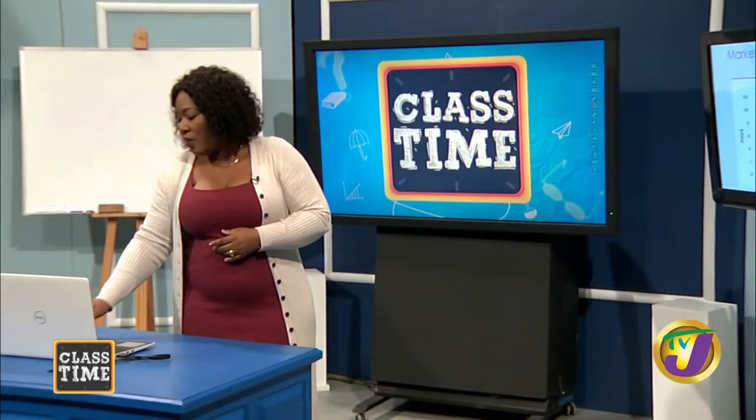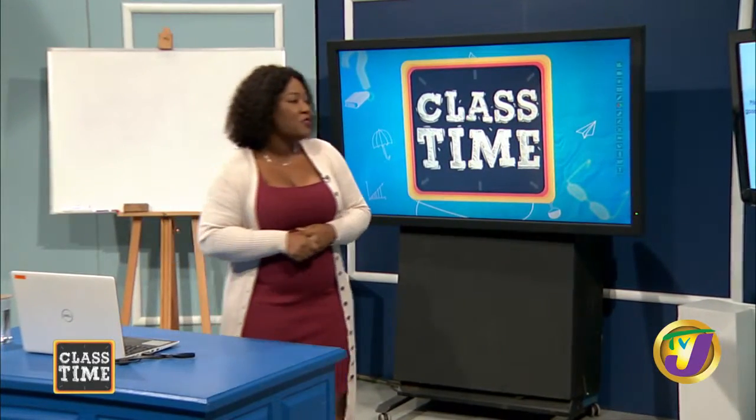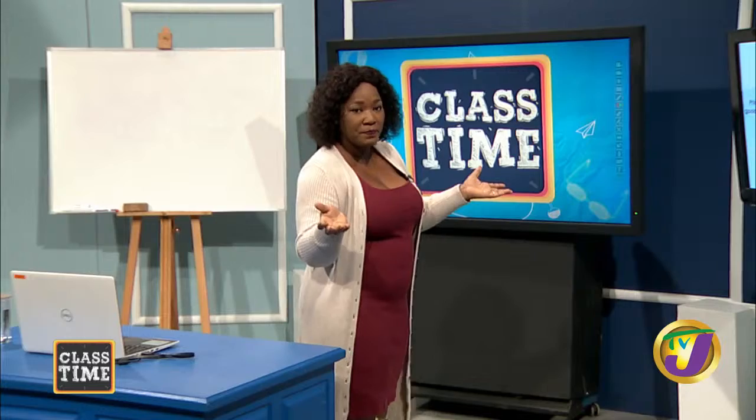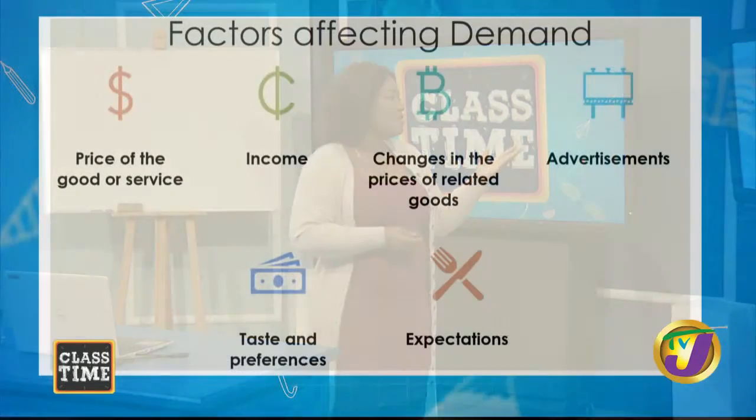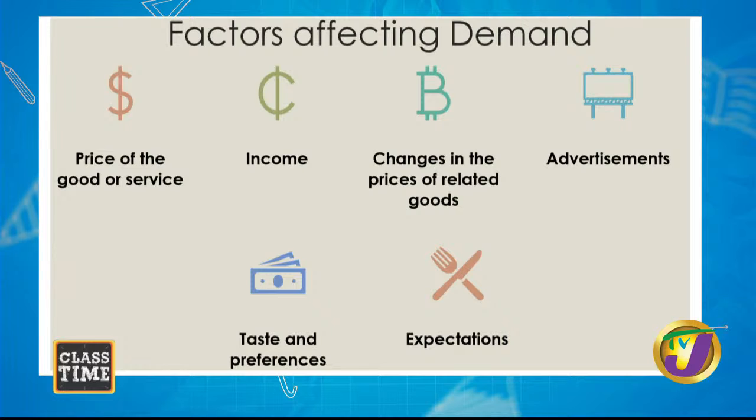Now, what affects the curve is what we call factors. Factors impact the demand curve, and we're going to look at a few of them. We have the price of the actual good or service, income, change in the price of related items, advertisements, taste and preference, and expectation.